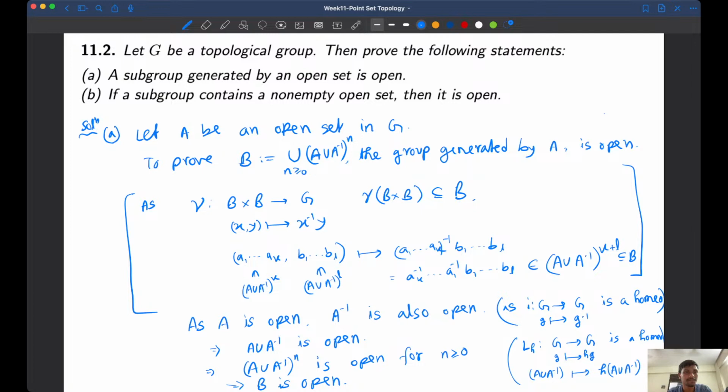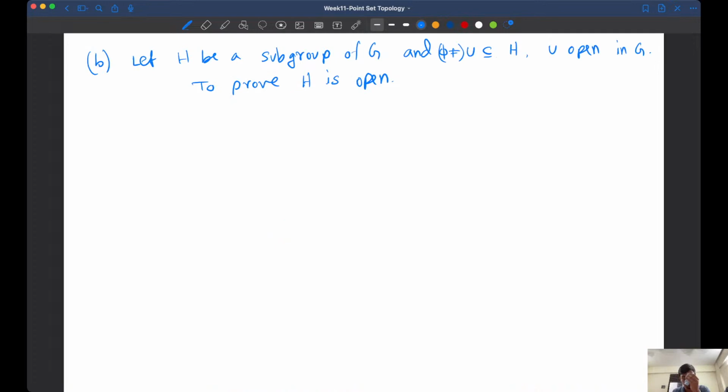Okay, so any idea how to prove this one? So two things you have to use. One, this is a subgroup, and then U contained in H. So can you write H as a union of open sets using this open set U?